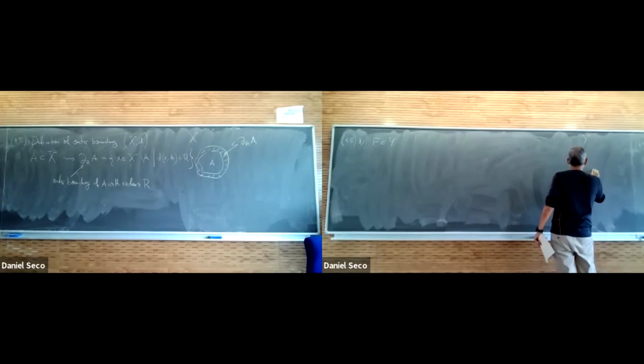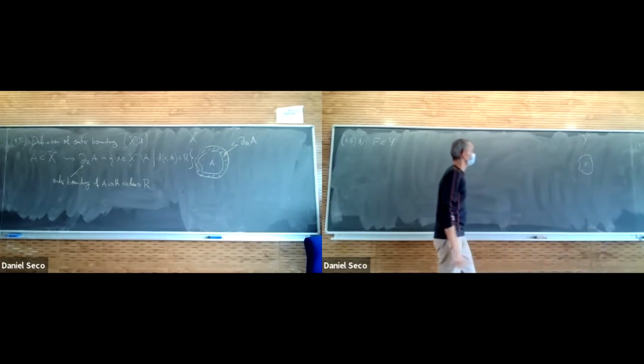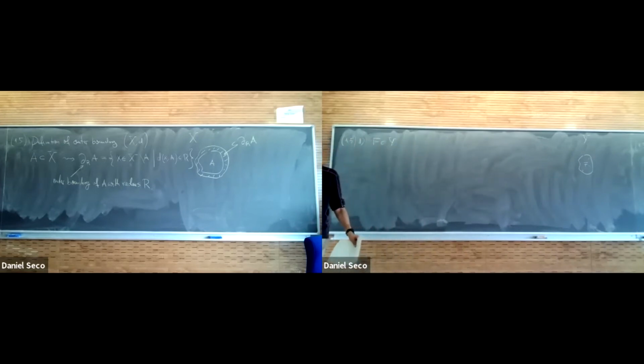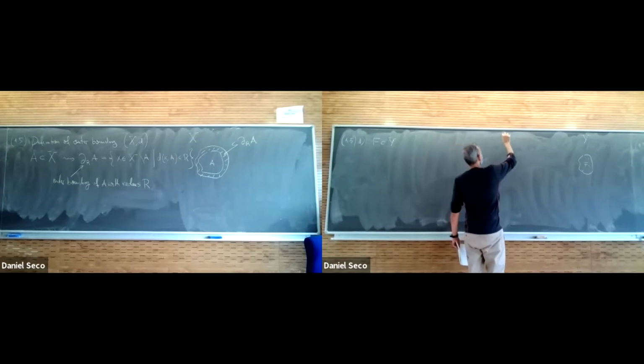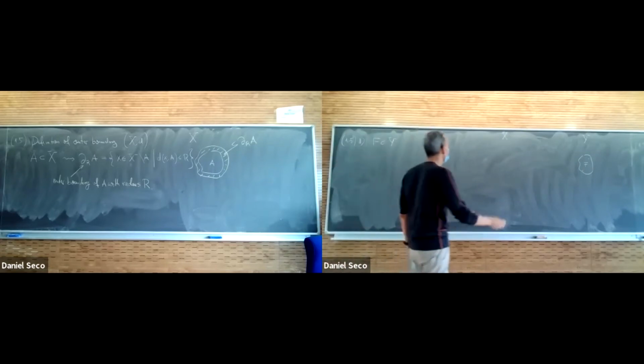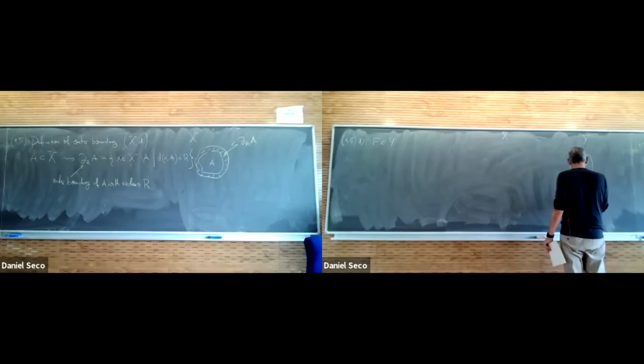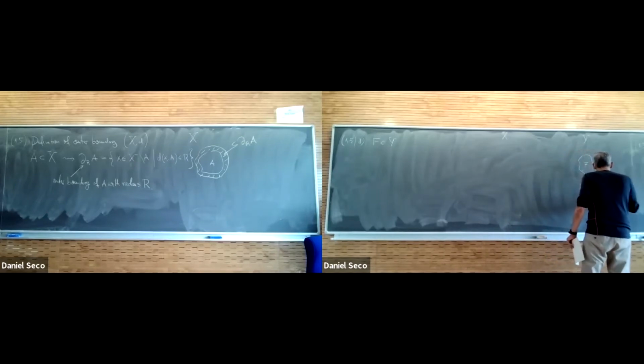You have a set F. It's finite, so you have finitely many points in here. And you want to take it back to X, you want to take a pre-image of this guy. And the problem is that the pre-image of F may be empty.